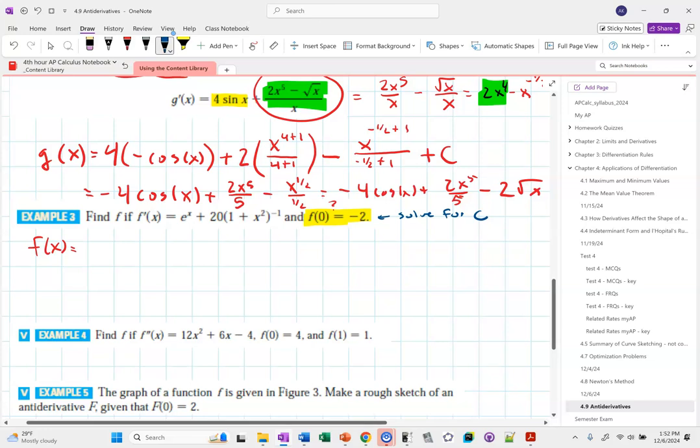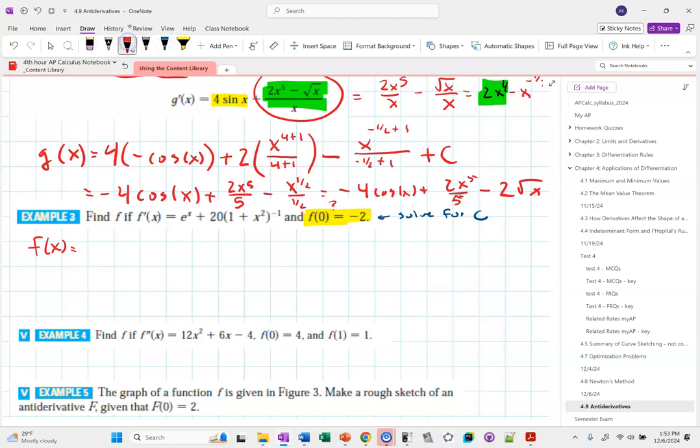I'm going to use that to solve for c. So I'll be able to find the actual specific f in this case, because I know a point on f. Whenever you're given a value from the original function and asked to find the antiderivative, the reason you're getting that value is so that you can find the specific value for c.